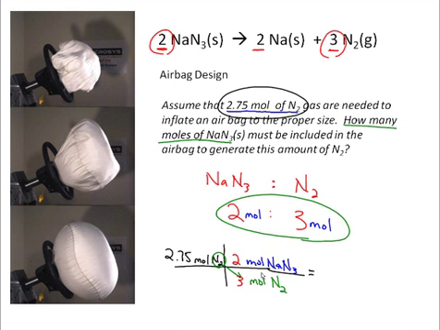You're going to multiply 2.75 times 2, and then divide that whole thing by what's in the denominator, the 3. So 2.75 times 2 divided by 3 is going to be equal to 1.83 moles of sodium azide.